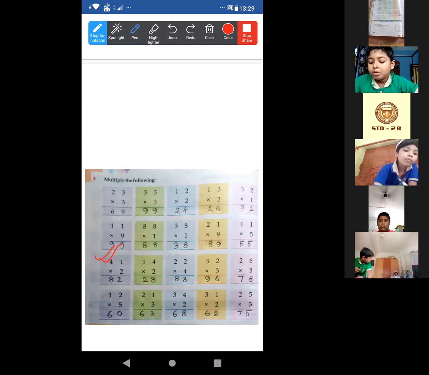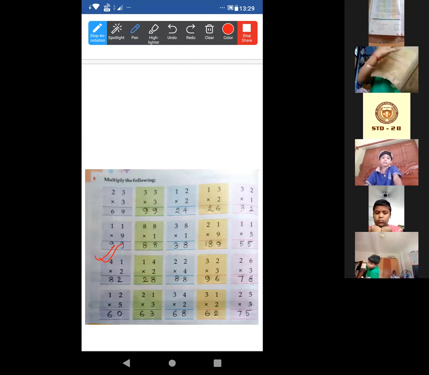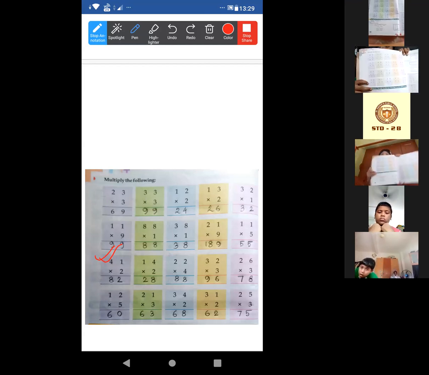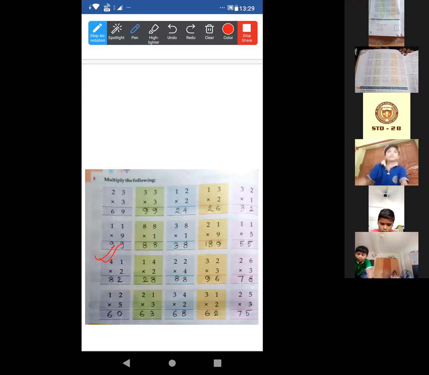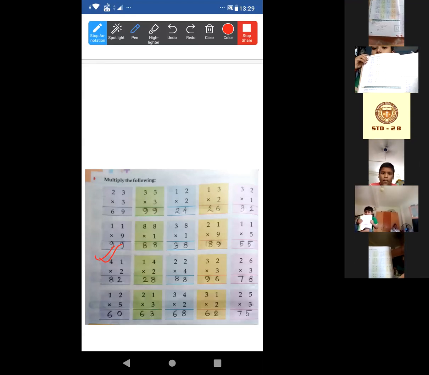Atrei, Spondon Pal, Srijita Das, Kushan Mondol, Shamraj Vaishi, Kushan, Shamraj. Show me your book. Beta, show me your book. Just keep the book in front of the camera.